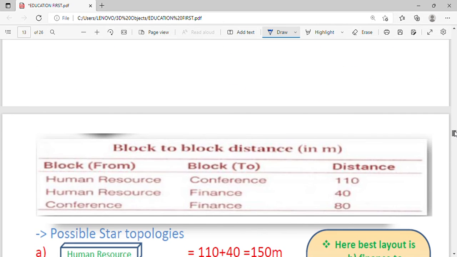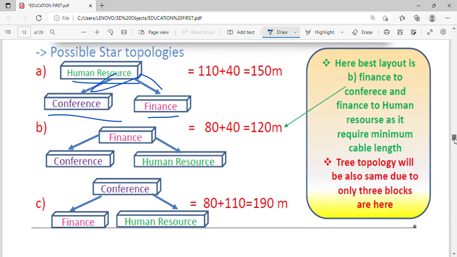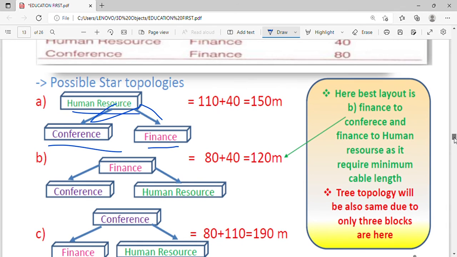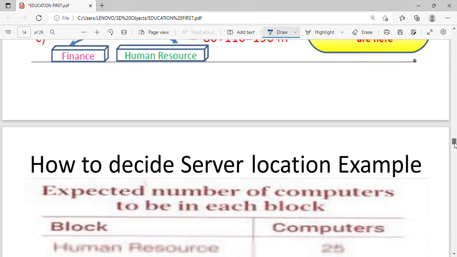Now see the possibilities of star topology. Human resource, conference and finance, all the distances between them are known, but mark that the human resource block or conference block cannot act as the server block, because the block that has the larger number of computers acts as the server location.